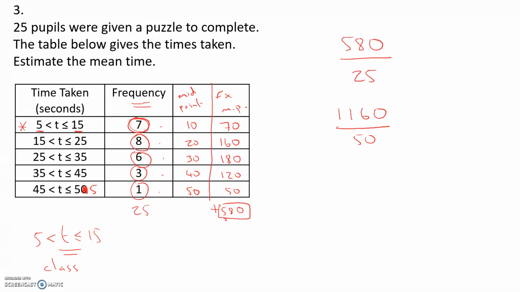And if I do that again, I'm going to get 2,320 on the top, and I'm going to get 100 on the bottom. So now I've got 2,320 divided by 100, and that's nice and easy. I can just imagine my decimal point moving to the left twice. I'll get 23.2. So the mean time is 23.2 seconds.